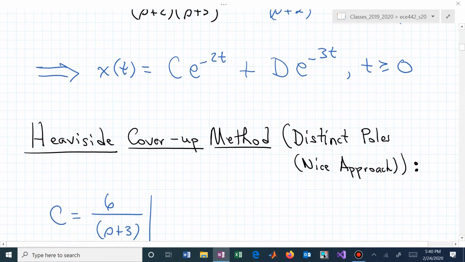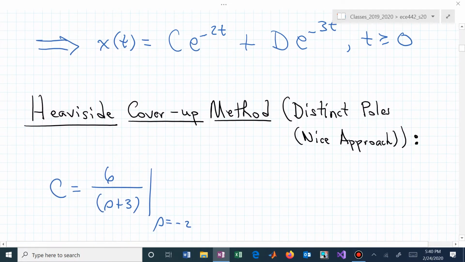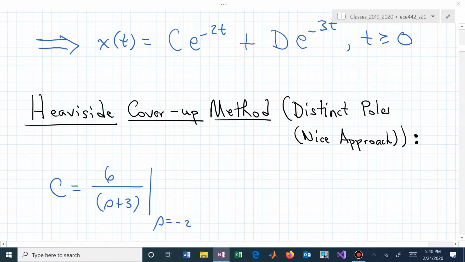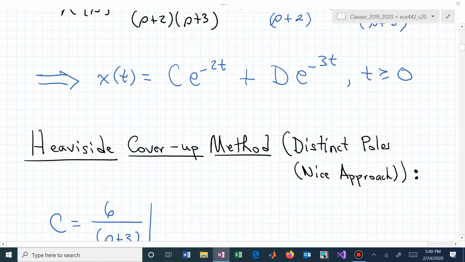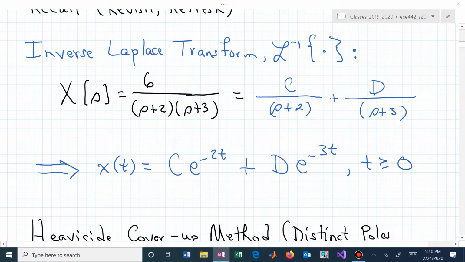How did you normally do that? Did you use the cover-up method? And maybe you didn't call it that, but the cover-up method really is, and I can't illustrate it here necessarily, but you can on your own paper. Let's say that you're trying to now solve for the c coefficient.